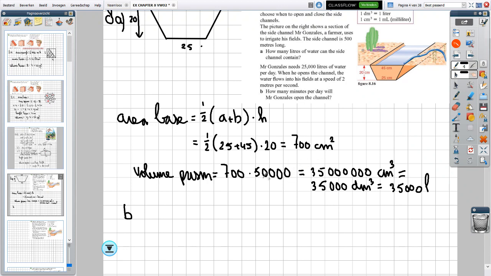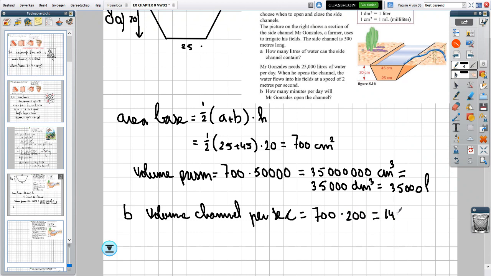That means that I actually have a prism. Per second, what is the volume of water that will go out? Yeah, that is still the volume of the channel per second. It is going to be area of the base, that's still 700, but not times 500 meters, but now times 2 meters, so times 200.